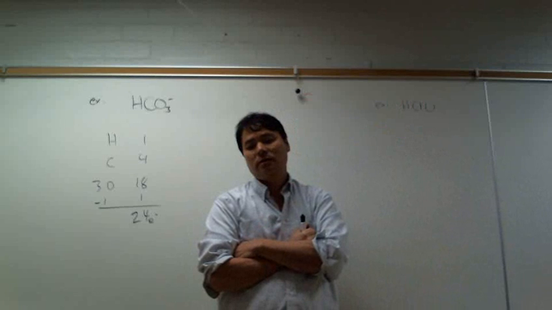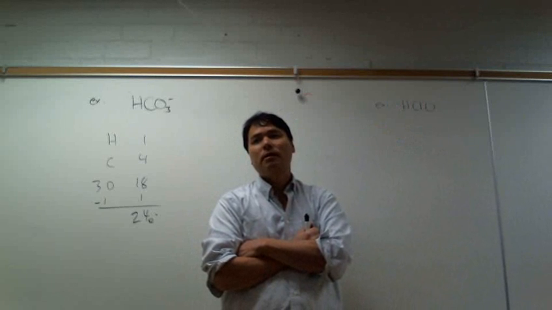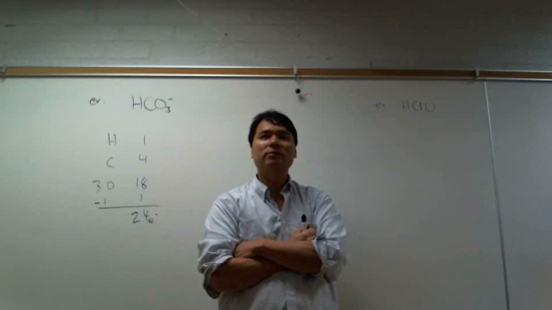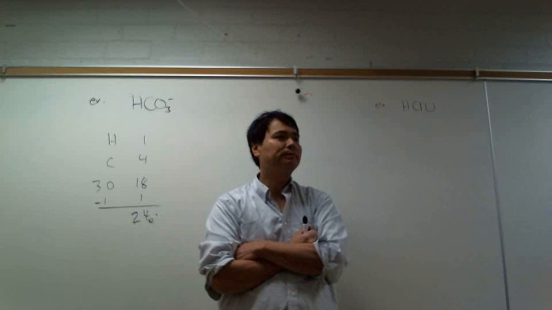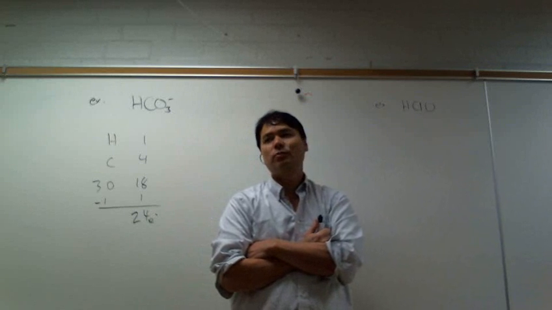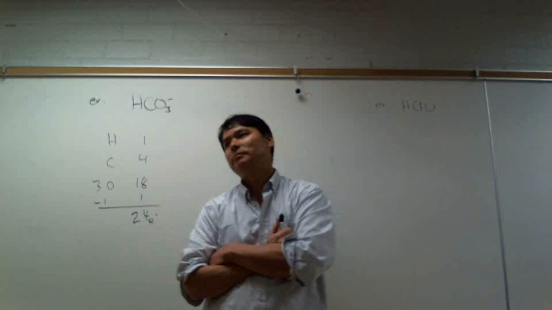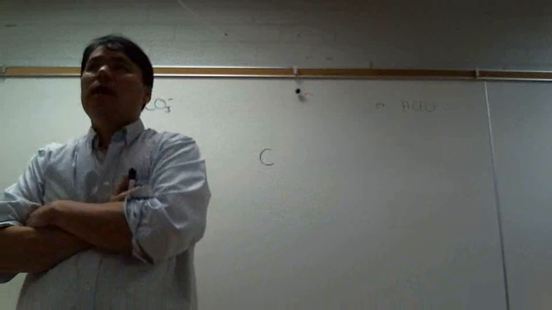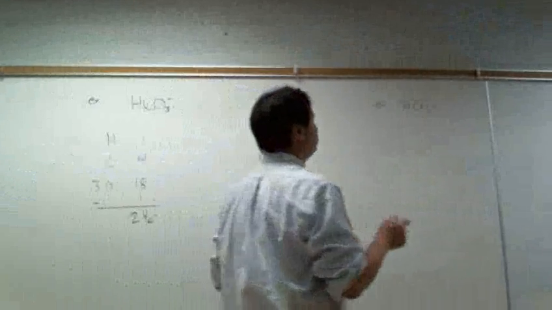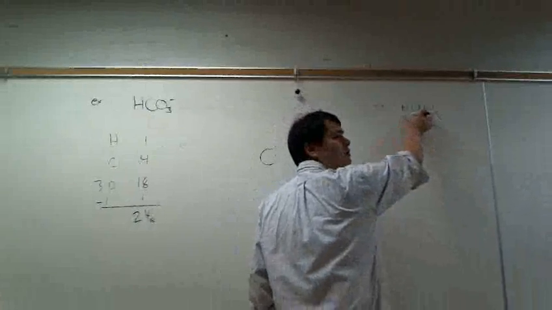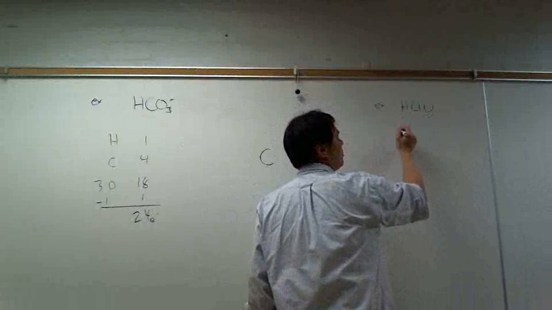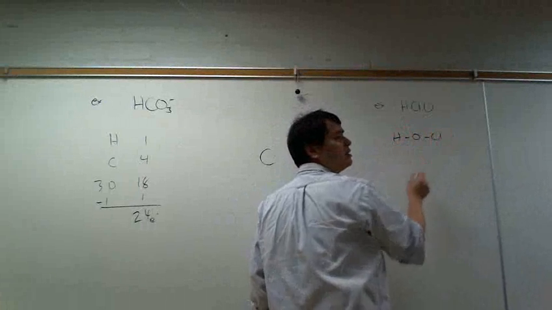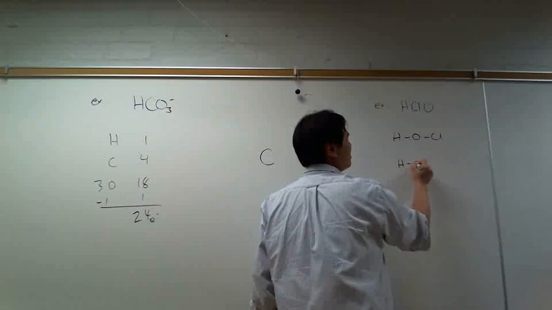Once in a while you should go back and review the names. Actually, on a weekly basis, you should go back and review the names. Hypochlorous acid. Hydrogen bonded to the oxygen. So when we come up with a structure, the structure looks like this, not like this.